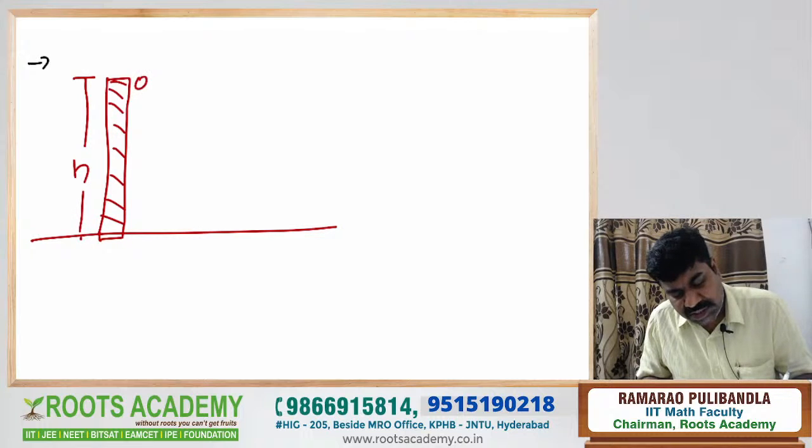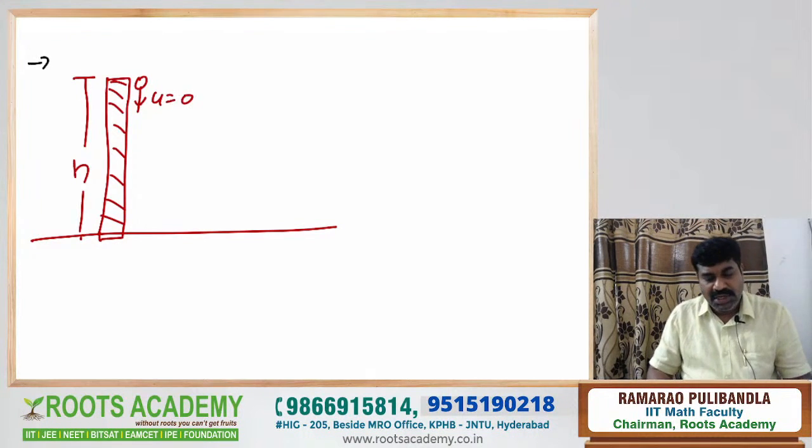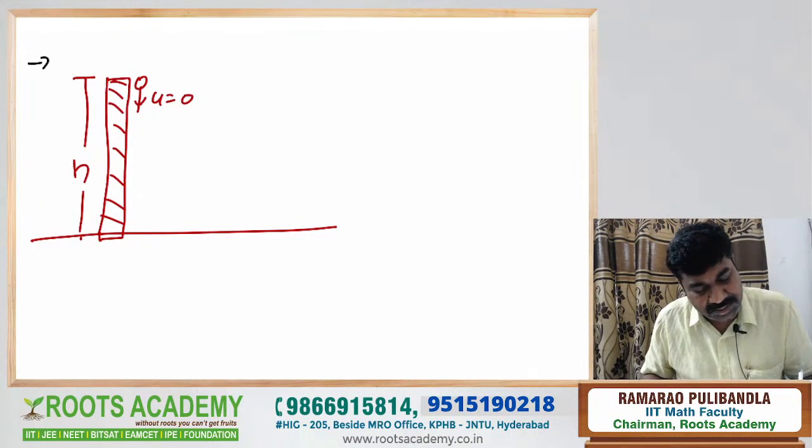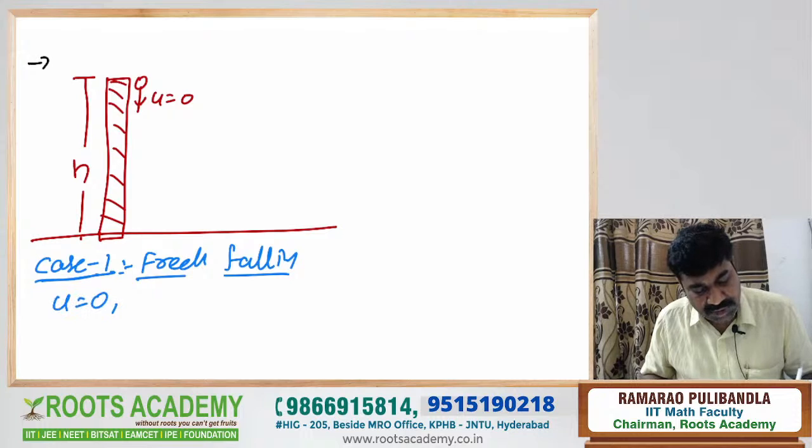Here, if a body is dropped, the vertical initial velocity is nothing but 0. This is case 1, which is freely falling, so the initial velocity is 0. Acceleration is g.